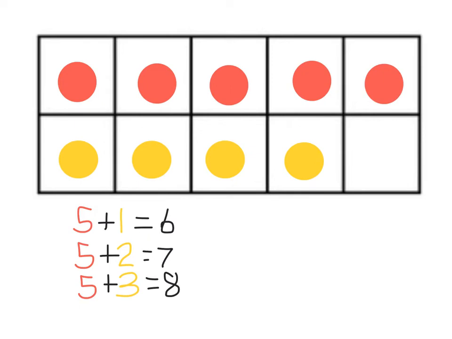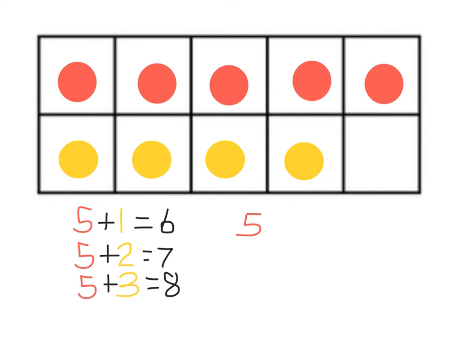What addition equation can I write now? Pause this video and turn and talk to your partner. So I can see that there are 5 red counters, so I can write 5 for the red counters. I also see some yellow counters.